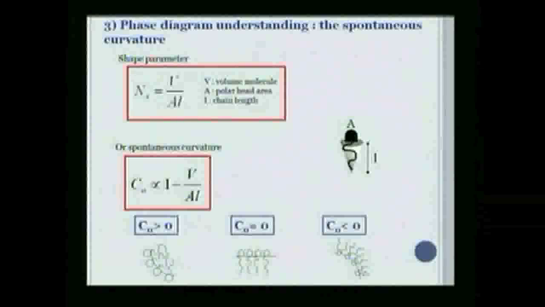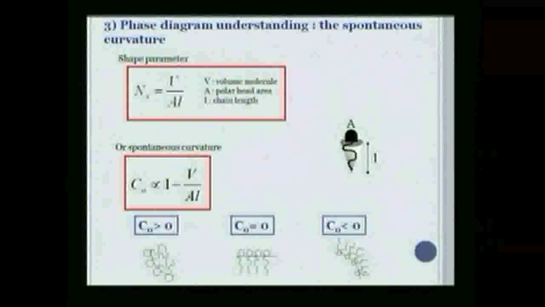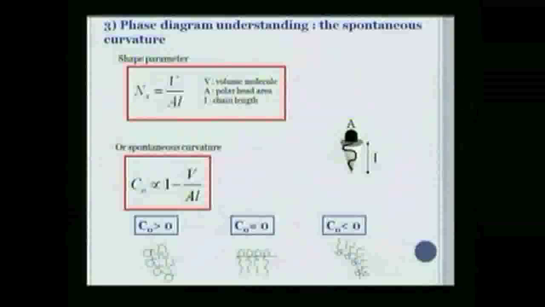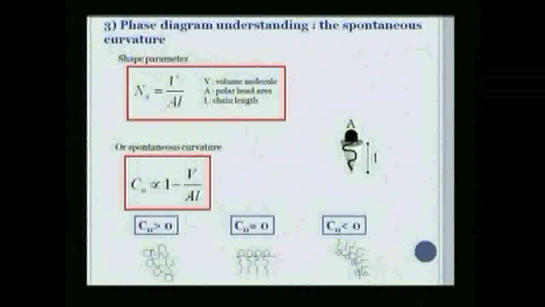So a big area compared to a small hydrophobic tail. You will find in this case the organization of such a cone. See, if you put several cones like this close to each other, you see that very easily you will form spheres. Okay? Try to imagine that you put another cone close to one.